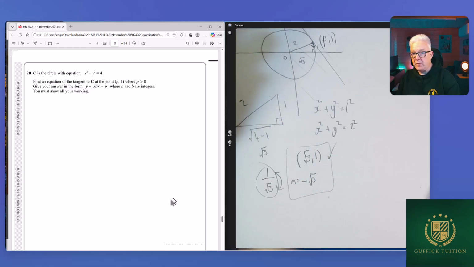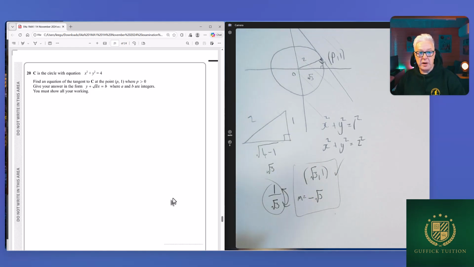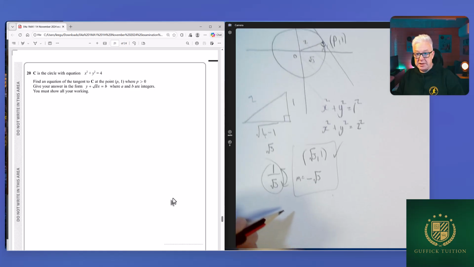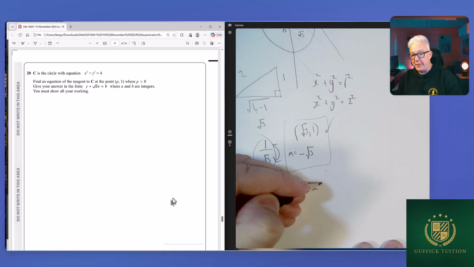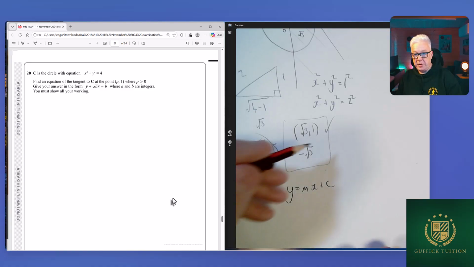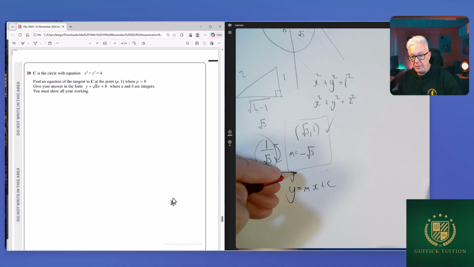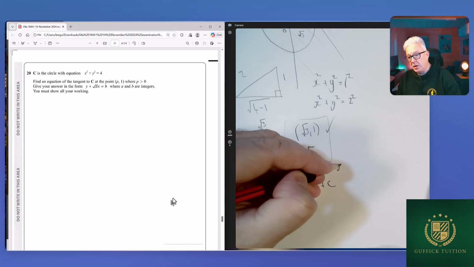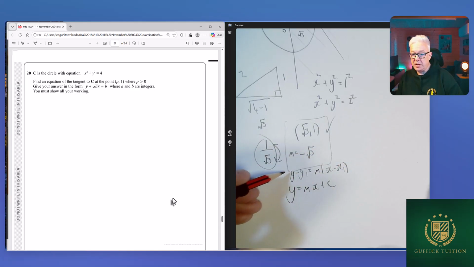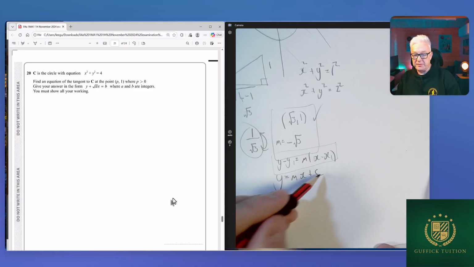So we've got everything we need now in order to find the equation of the line. At GCSE, the equation that we're most familiar with is y equals mx plus c. Those of you doing GCSE further maths might have seen the equation like this, which is an alternative version which we use mostly for A-level. But for GCSE, most students are familiar with this version.